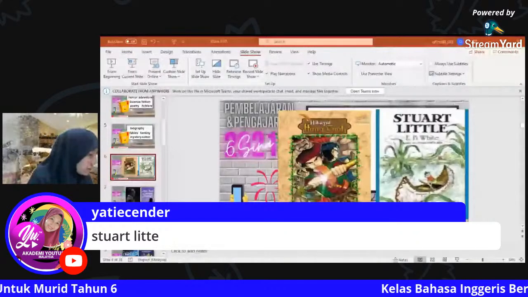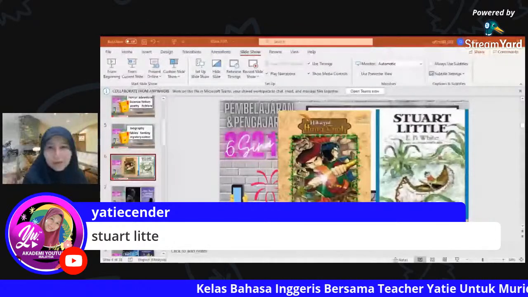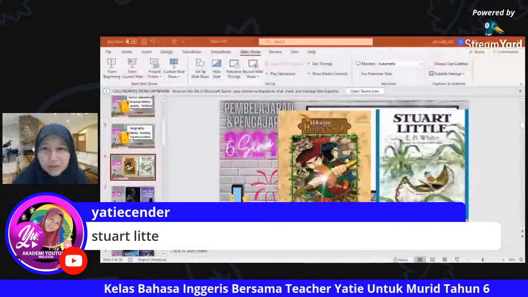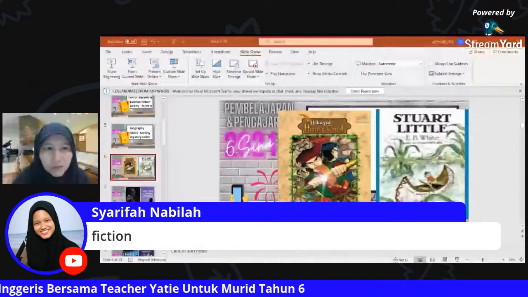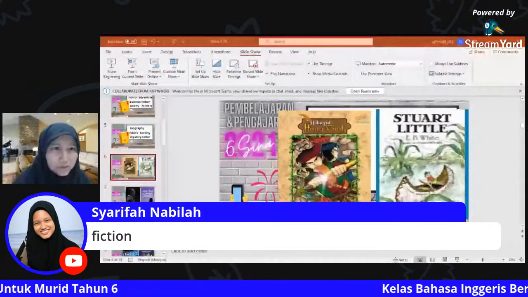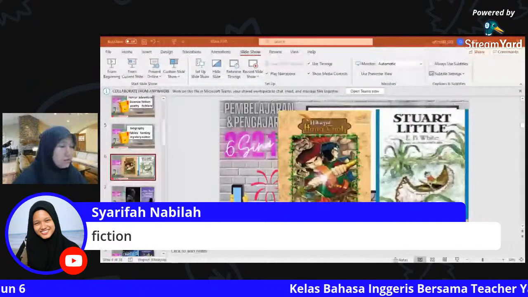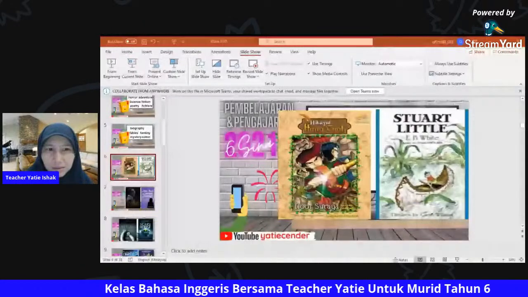Is it horror, fantasy, fable, folklore, science fiction? Stuart Little is fiction, a made-up story. Where would you find a mouse that can talk? So it's a fiction.